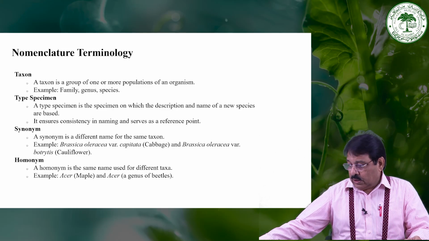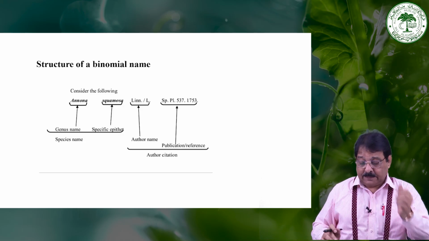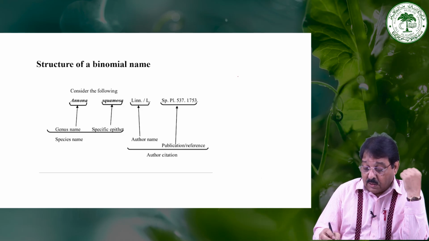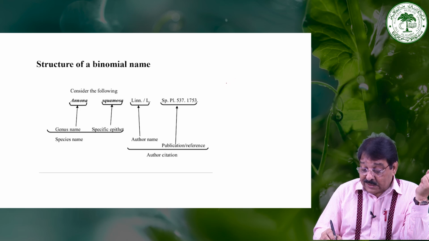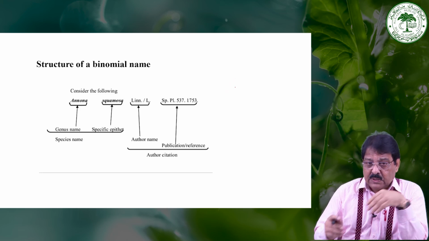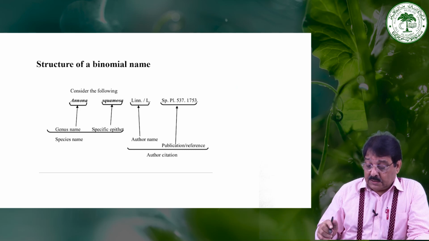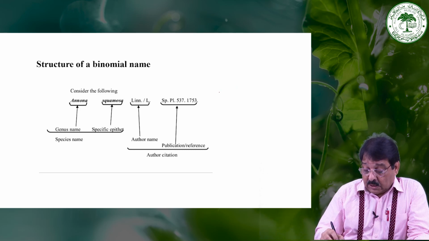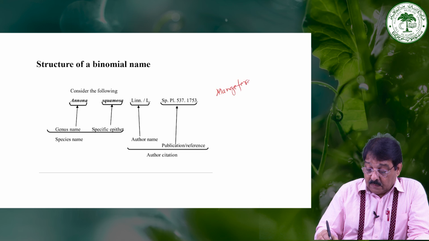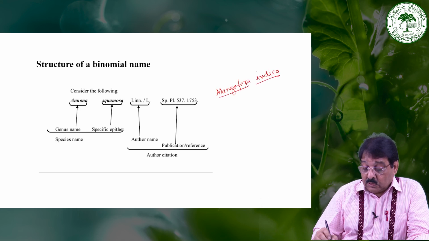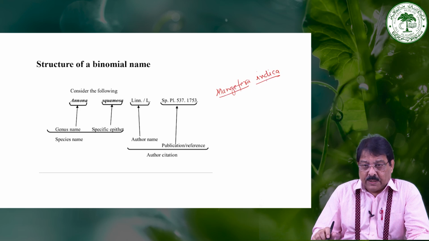So he said that a name, if it is in the binomial nomenclature, must be italicized, or if it is not italicized, then it must be underlined separately. Suppose I have written Mangifera indica, so it must be underlined separately.